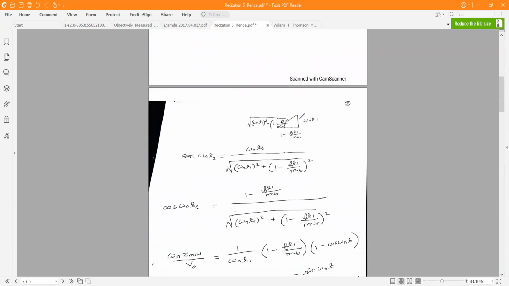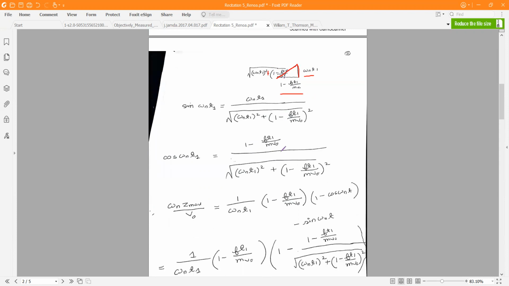Now, if we have a right angle triangle where this side is omega n t1 and this side is 1 minus F t1 over m v naught, then this side would be the square root of (omega n t1) squared plus (1 minus F t1 over m v naught) squared.